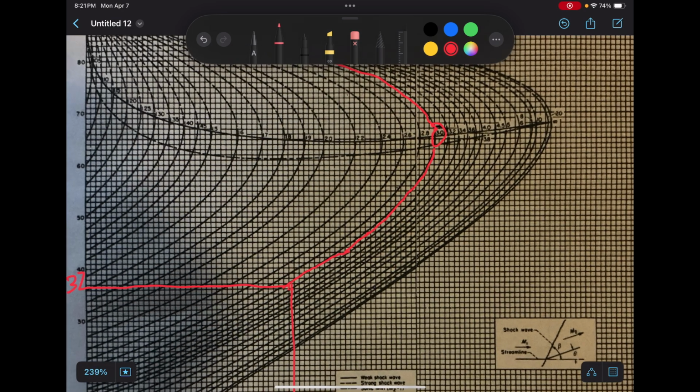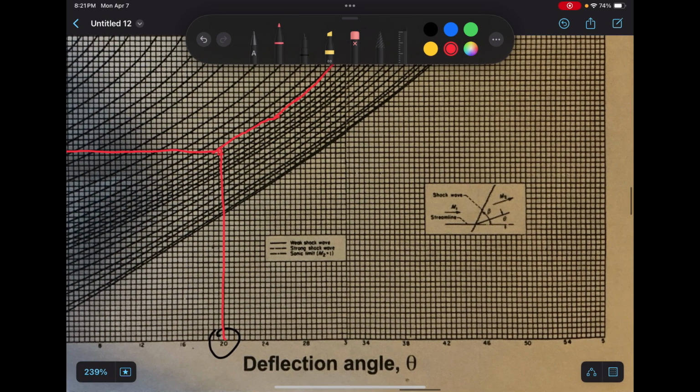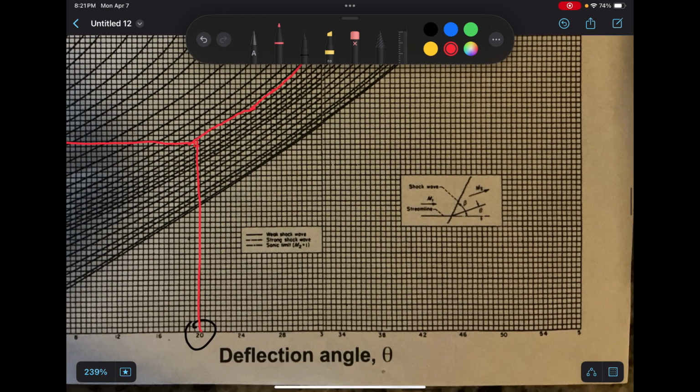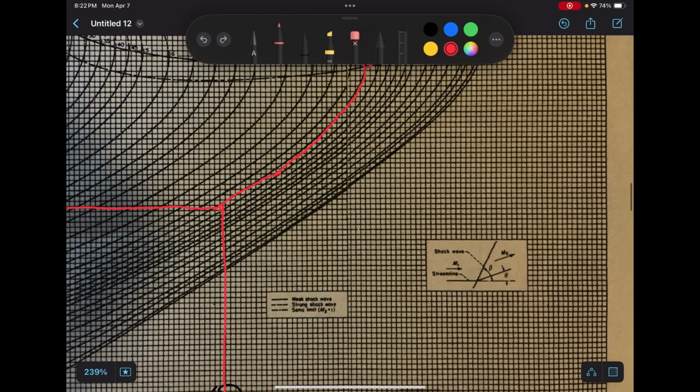But okay, there's one more concept. Let's say that we are at 30. That's a 3, but it's supposed to be a 30. There might be like a 32 or something.